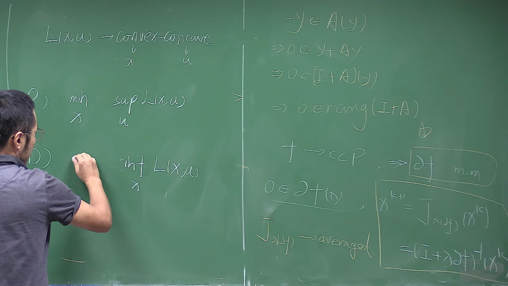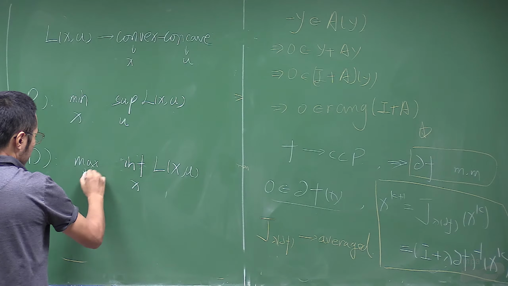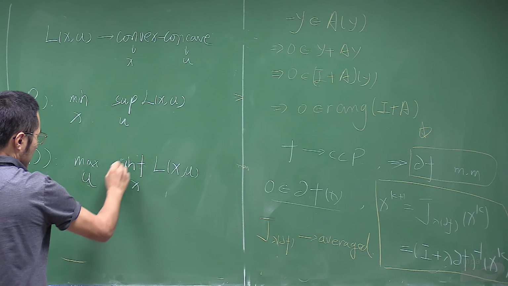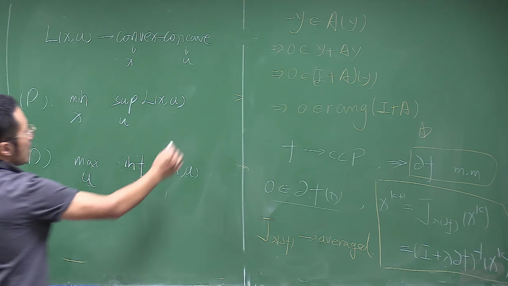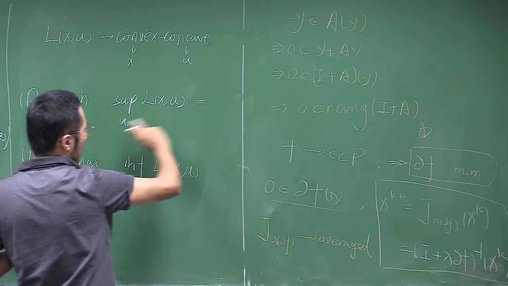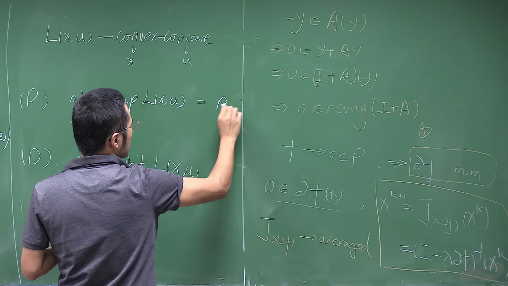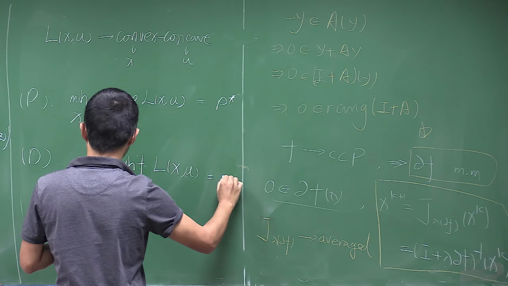Then we take the maximum in U of this part. So the optimal value of the primal problem is defined by P star, and this is D star.